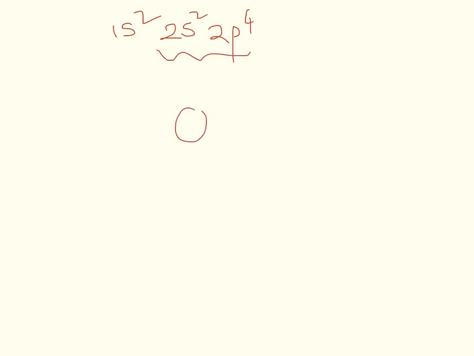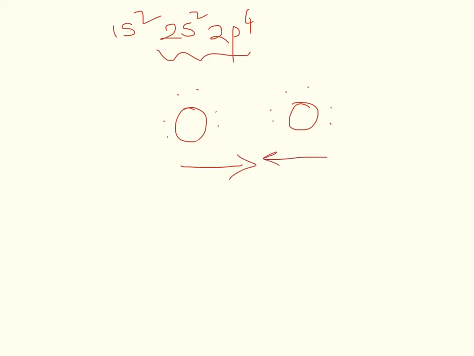So oxygen, one of them, 1, 2, 3, 4, 5, 6 electrons. Another oxygen, 1, 2, 3, 4, 5, 6 electrons, right? Each of them needs 2 electrons to satisfy the octet. So what happens?